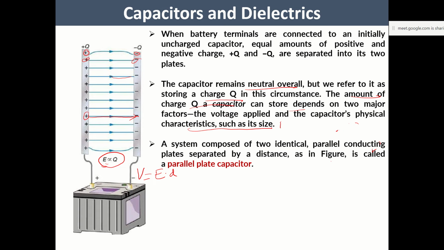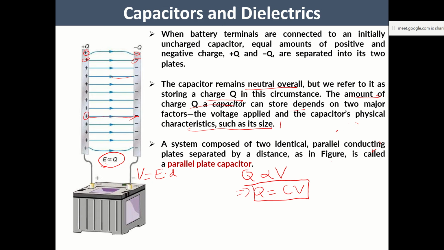So you can correlate with voltage also, and it turns out that Q is proportional to voltage, and you have Q equals CV. So this is another relation that relates the charge to the potential difference.